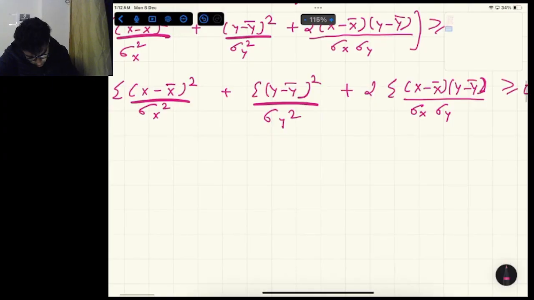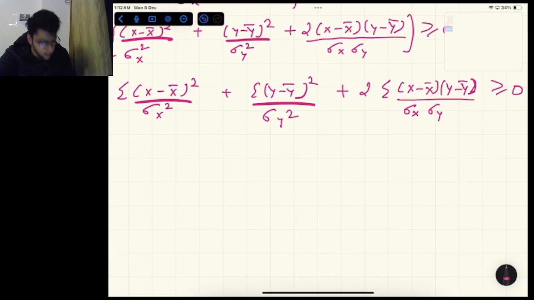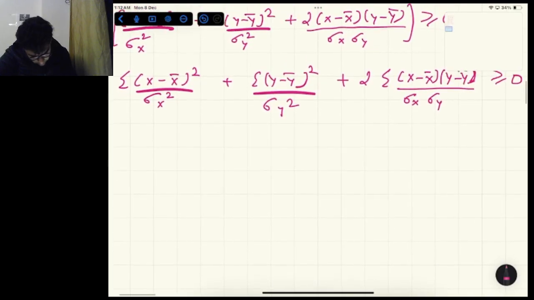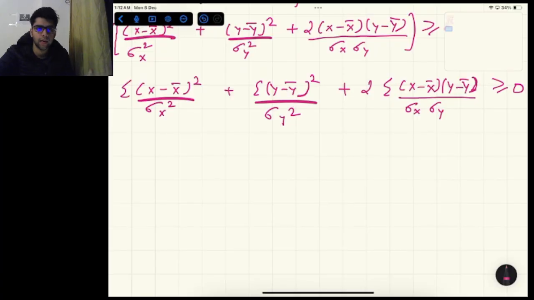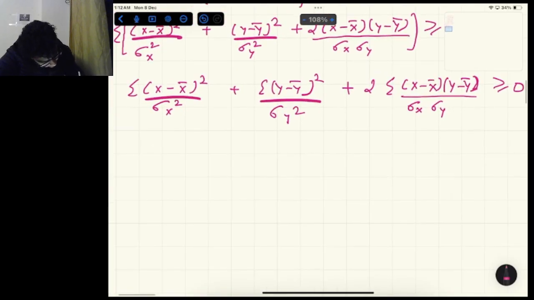Now if I divide both the LHS and the RHS by n, I get the same inequality only, right? There won't be any difference, so I can do that. I'll be using n to reach my required goal.